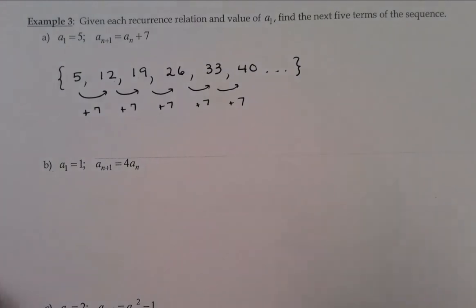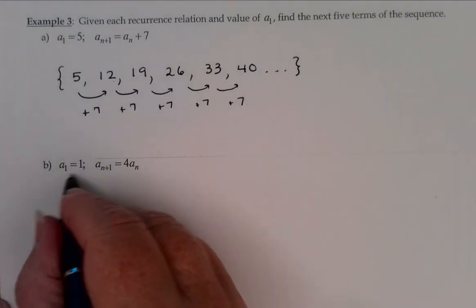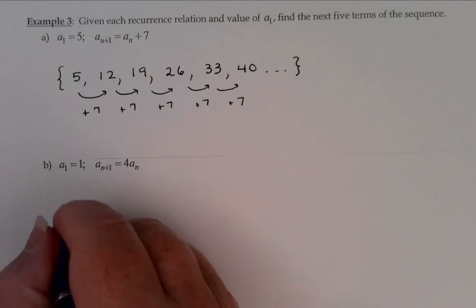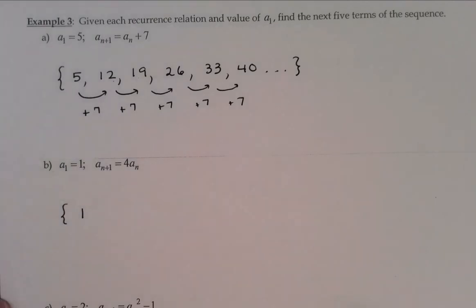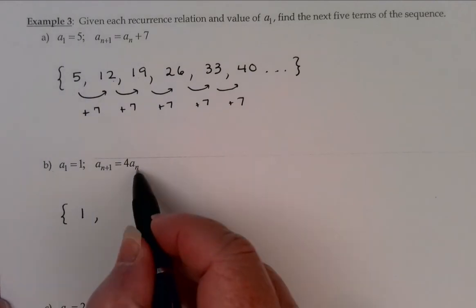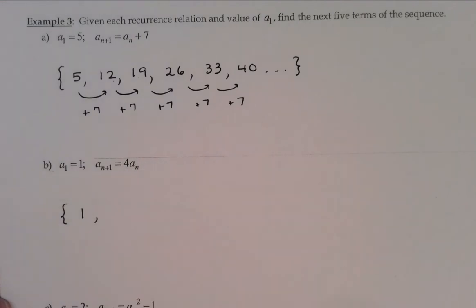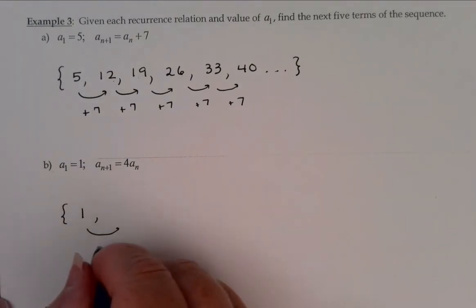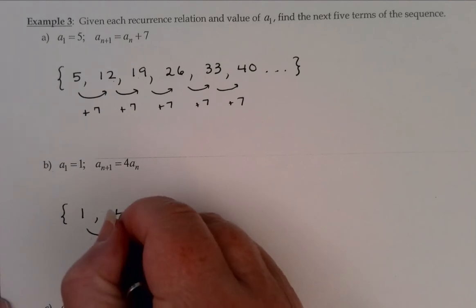All right, what about the next one? In part B, they tell us the first term, A1, is 1. So there's where I start. And then it tells me, once I know a term, to go to the next one, multiply by 4. So multiplying by 4 is going to give me 4.